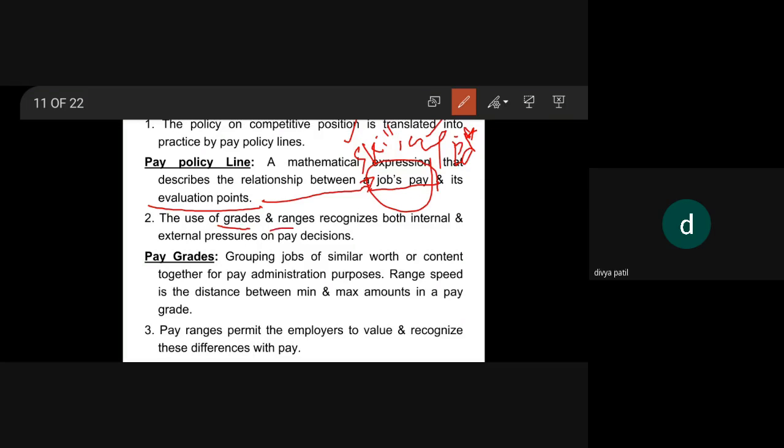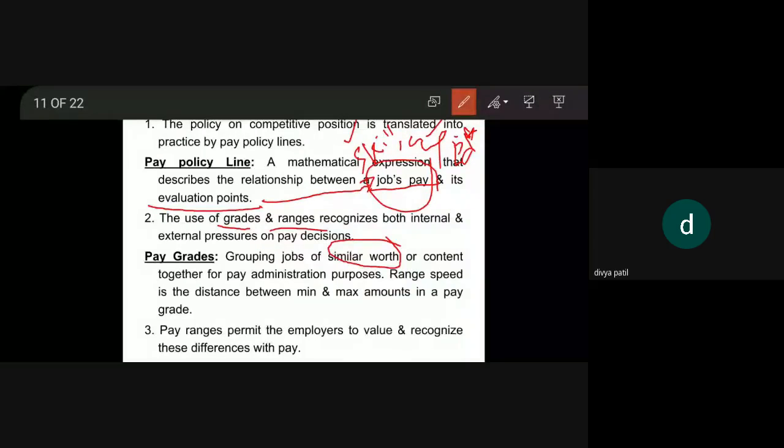The grade and ranges will recognize both internal and external pressure while taking a decision with respect to pay. Now, what are pay grades? You group together jobs of similar worth for pay administration purposes.